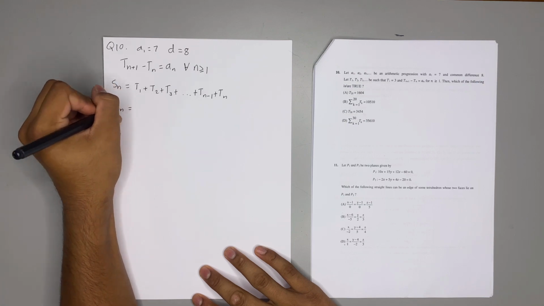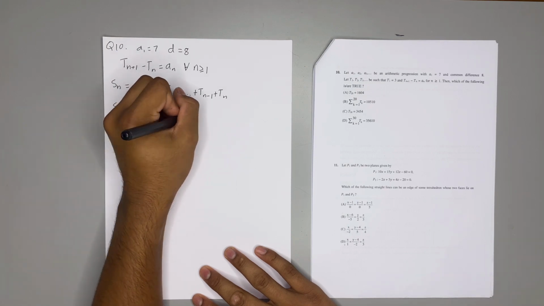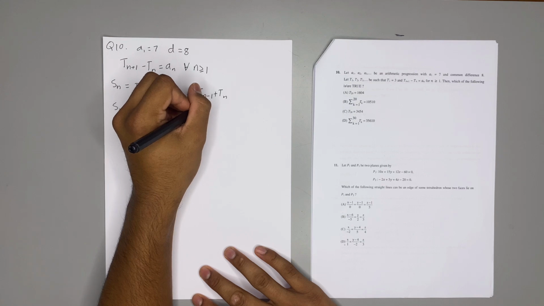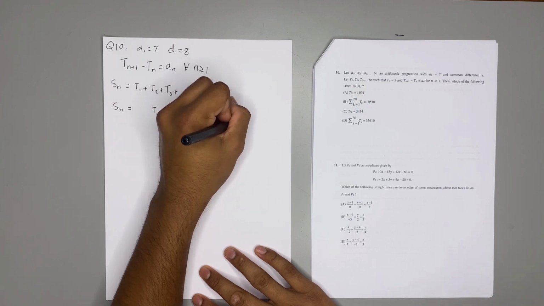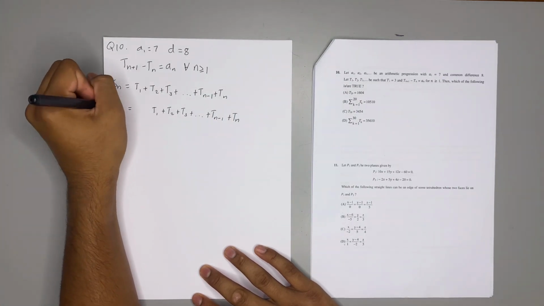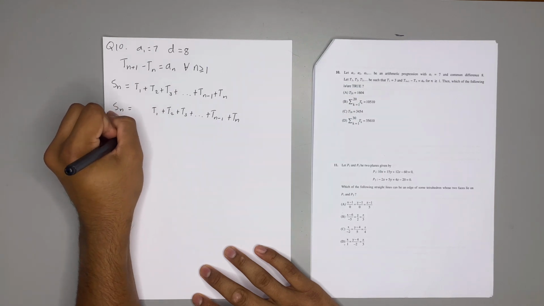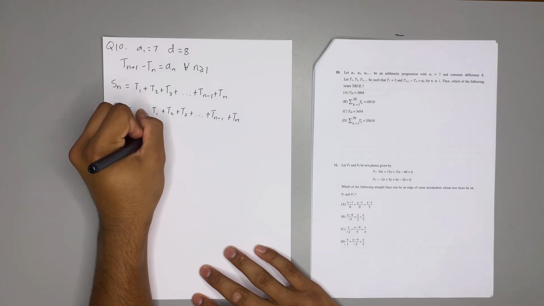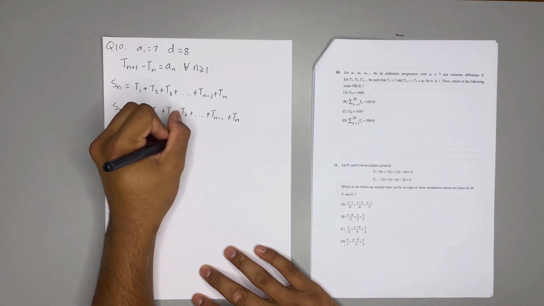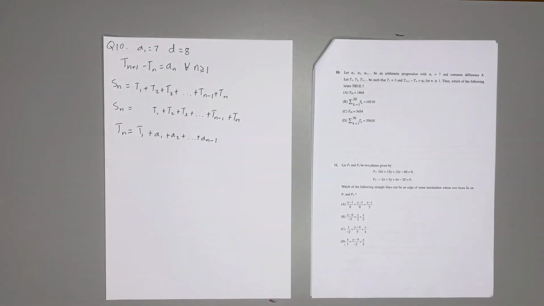Again, S of n equals to T1 plus T2 plus T3 plus ... plus T of n minus 1 plus T of n. Subtract top from bottom. We then get T of n then equals to T of 1 plus A of 1 plus A of 2 plus ... A of n minus 1. Correct?